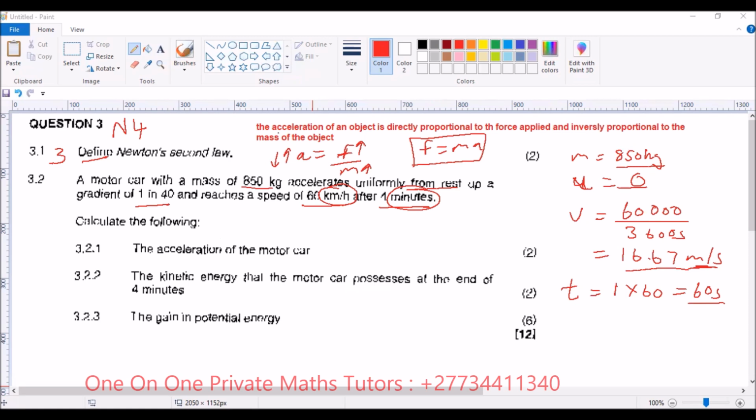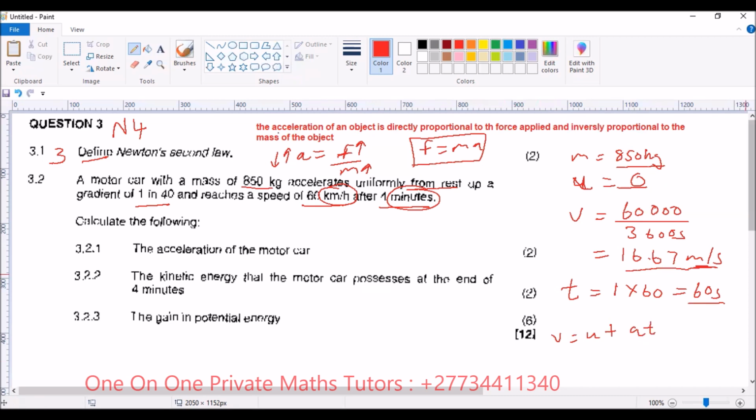What is the formula to use with what we are given? v is equal to u plus at. We are given time. We are given initial speed, final speed. So we can calculate the acceleration. So we can say v is equal to u plus at.